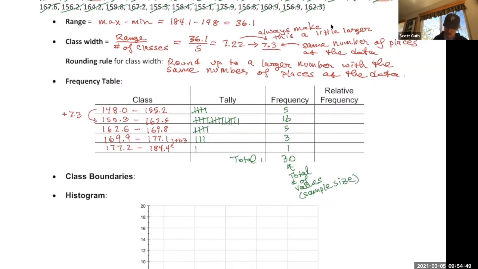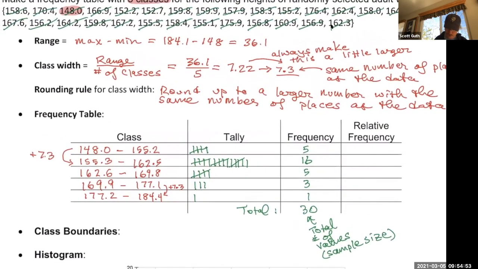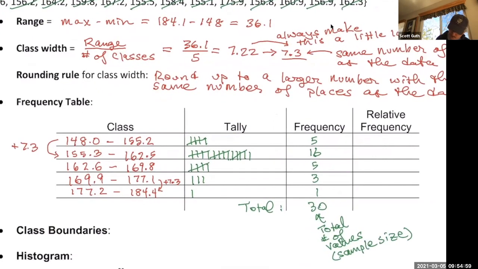Now, if we were to do relative frequencies, we would take the frequency of each class and then divide by the number of values, which is 30. So the first one you'd say 5 over 30, then 16 over 30, and so on.